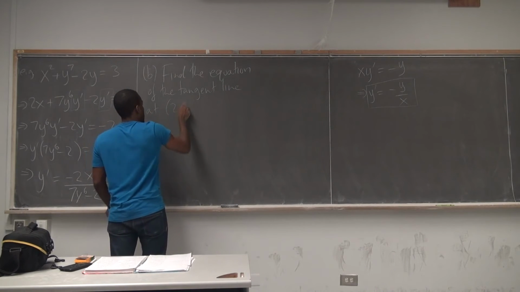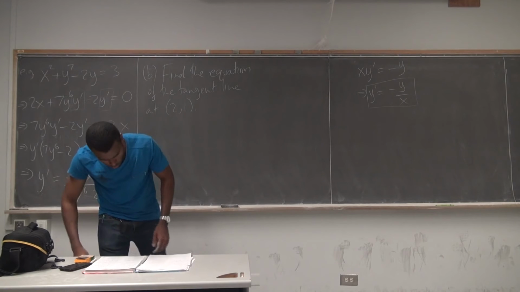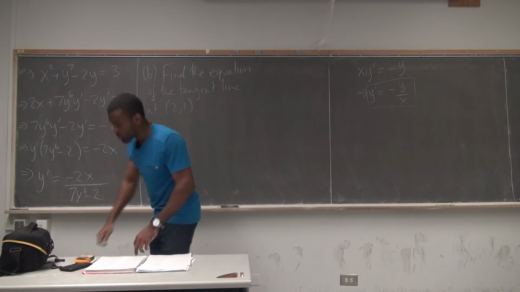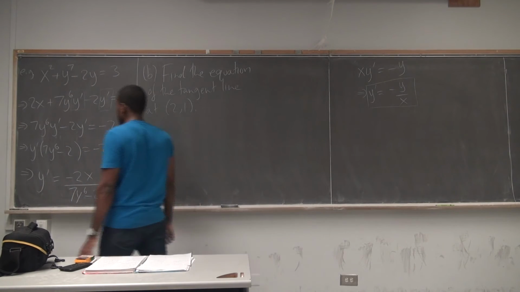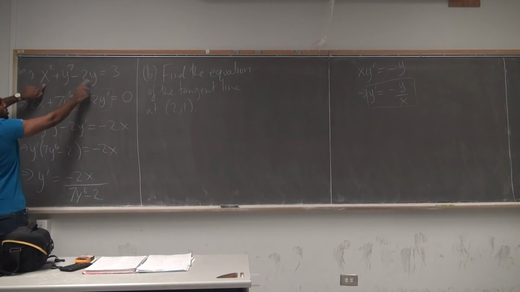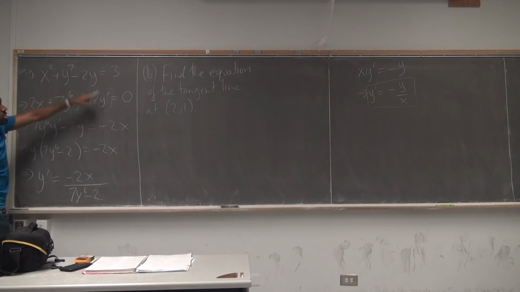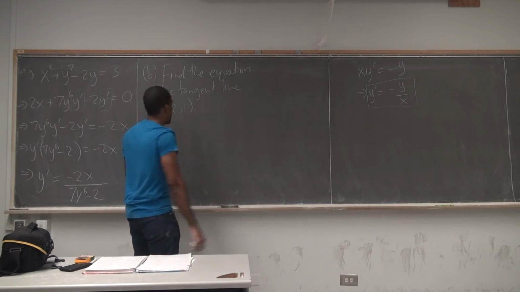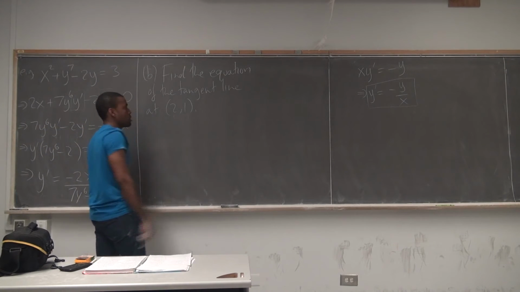I believe it's 2, 1. Alright, so you'll notice here, if I actually plug in 1 for y and 2 for x, this actually works out and gives me the answer. But, so this is like my x, and that's the corresponding y value.